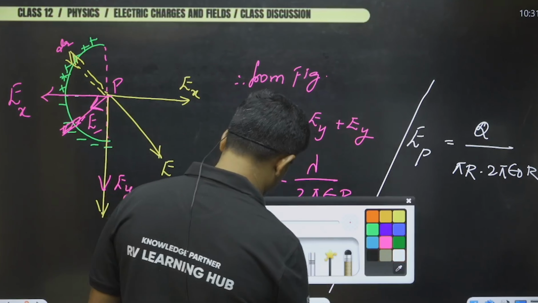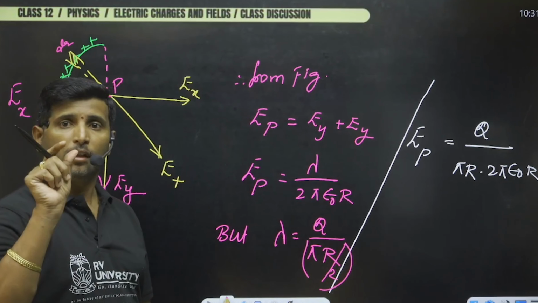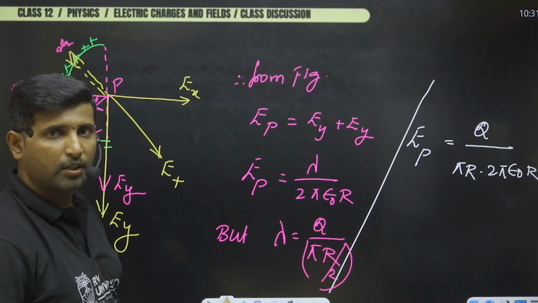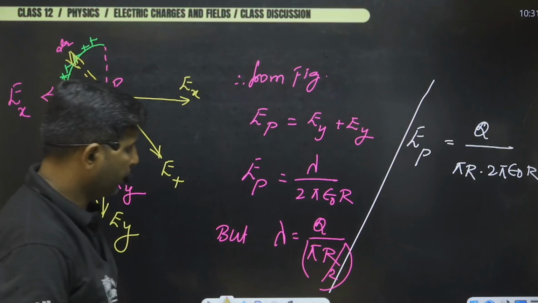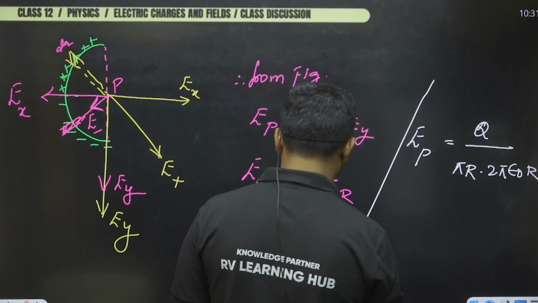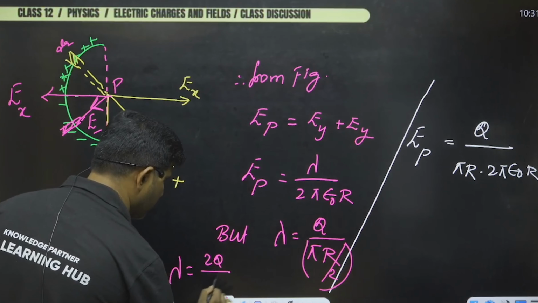We will take only a quarter of the circle. Therefore, we can go with pi r by 2. Then we will get lambda equal to 2Q divided by pi r.